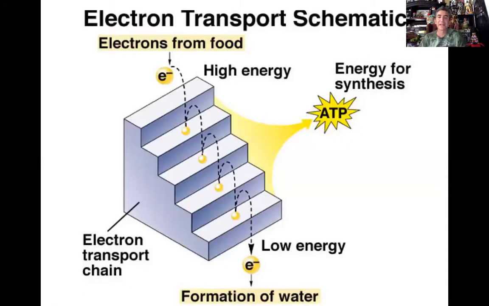So understand that each time we're shifting electrons like this, we're giving up a little bit of energy, a little bit of energy, a little bit of energy. If I'm standing on this step and I want to go to the floor, I have two options. I can go down multiple steps, or I can take one step.